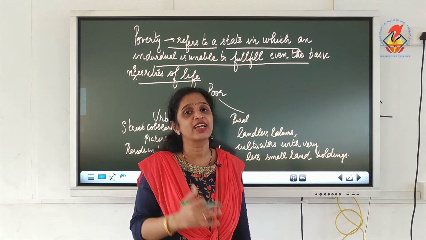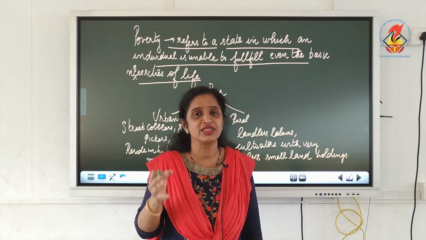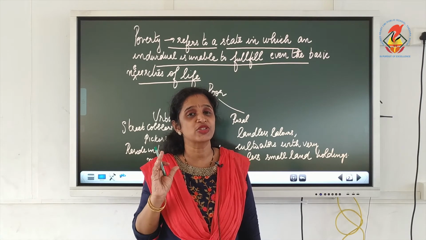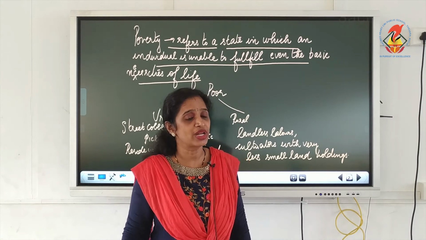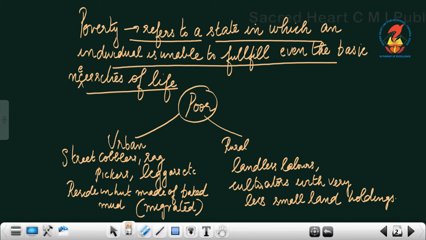Now, we can categorize the poor people both in urban areas as well as in rural areas. Let us see the characteristics of poor people in each. Who are poor in the urban areas?